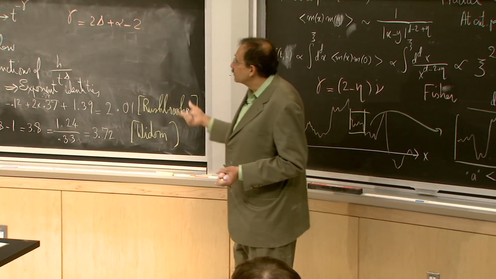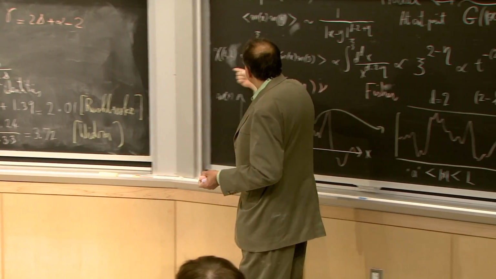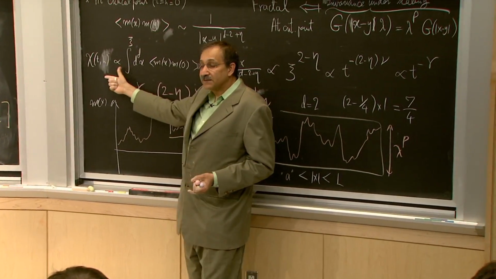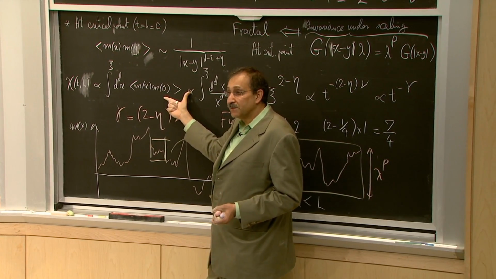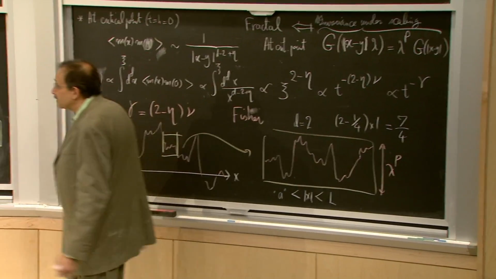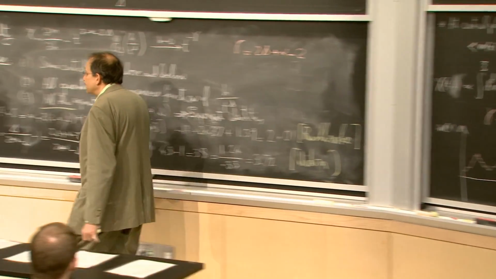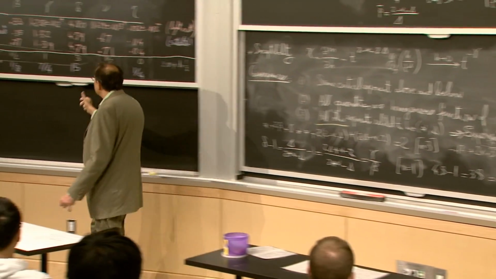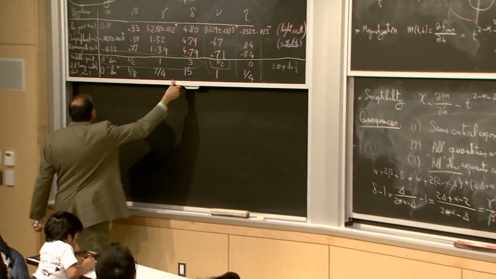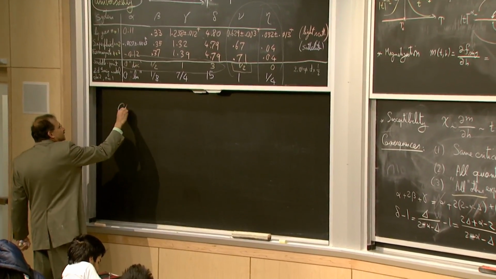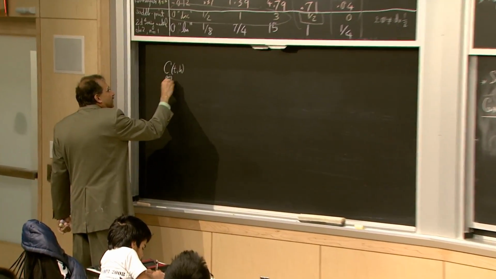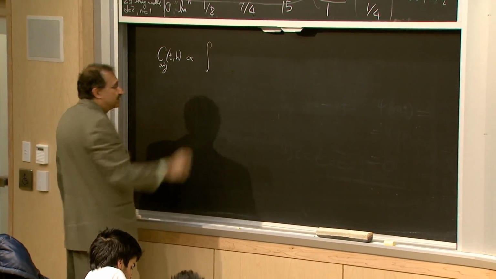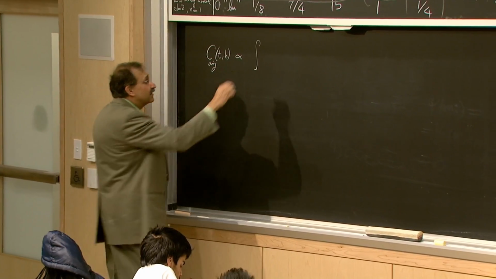And so in the same sense that there is a relationship between the susceptibility and an integrated correlation function, there is a relationship that says that the heat capacity is related to an integrated correlation function. So C as a function of, say, T and H, let's say the singular part, is going to be related to an integral of something.